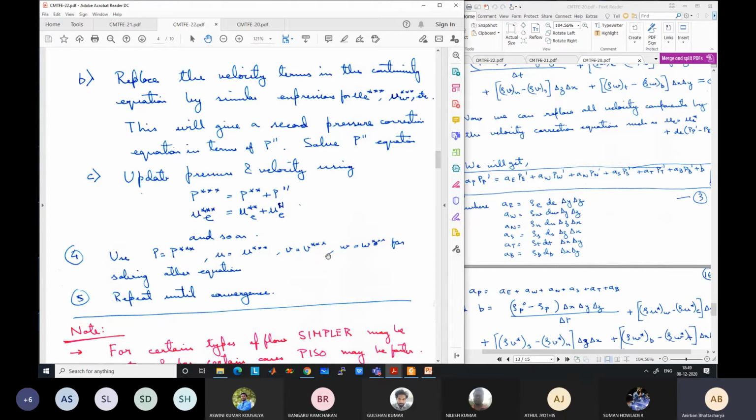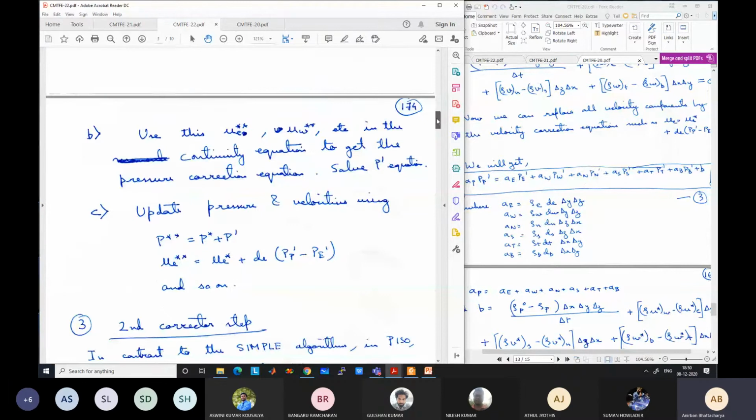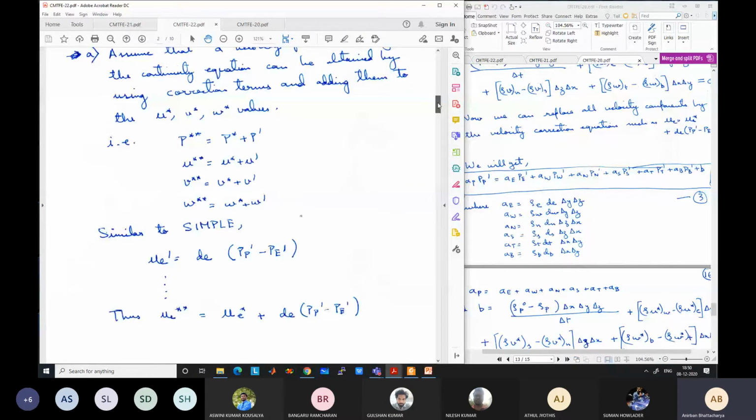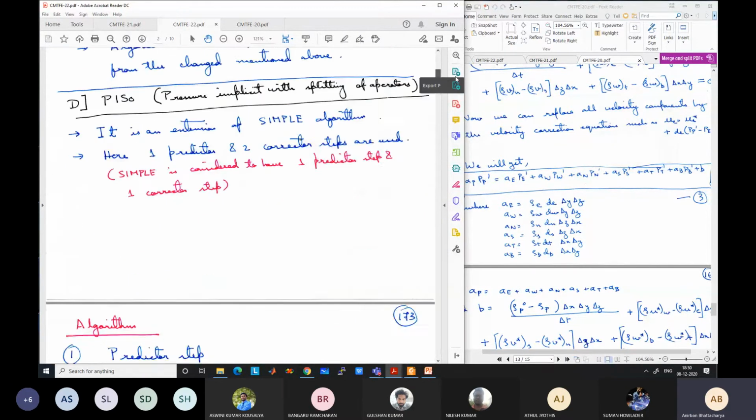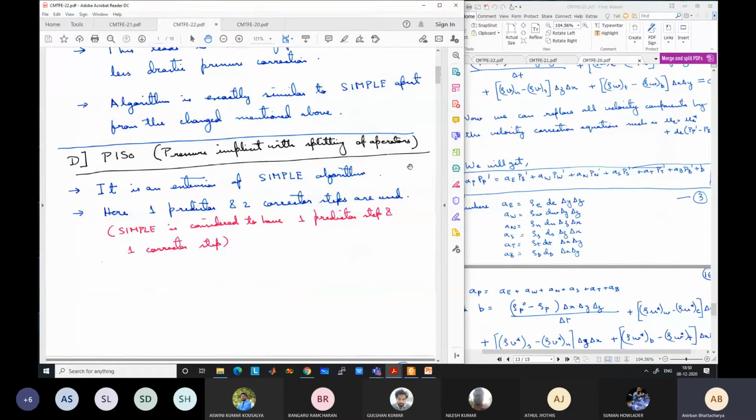For example, for solving other equations, temperature equations, meaning the energy equation, you can use these values, U triple star, V triple star, W triple star, and then keep on repeating until convergence. So in short, this is the PISO algorithm.